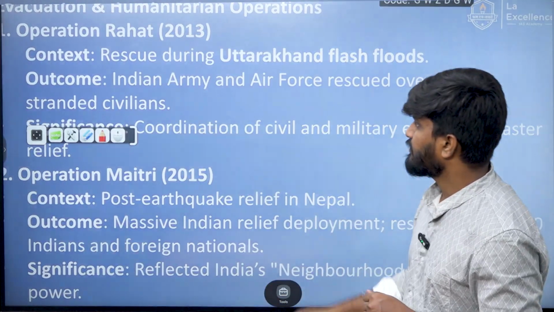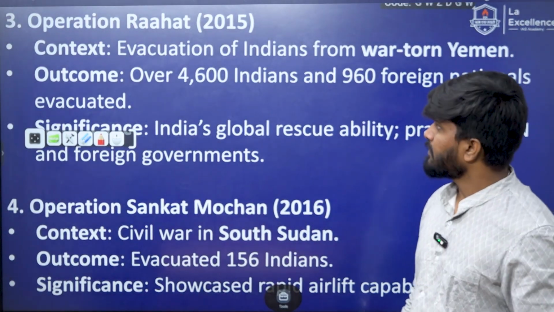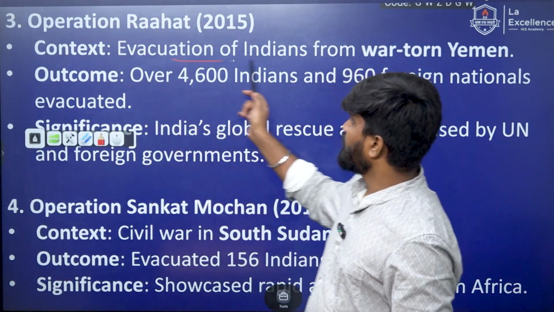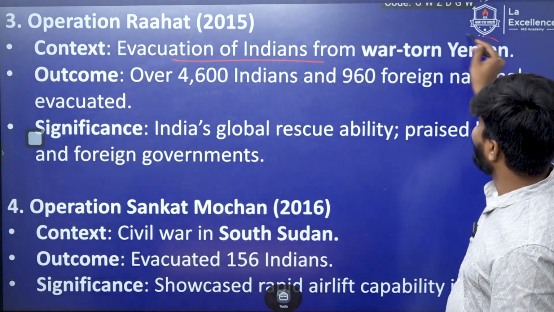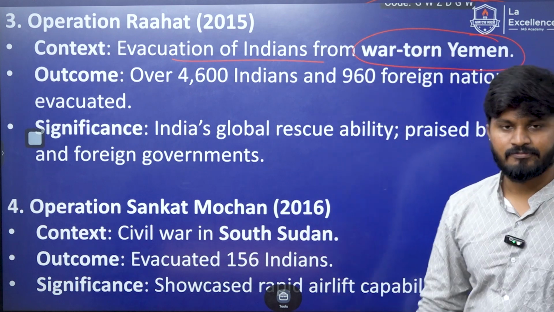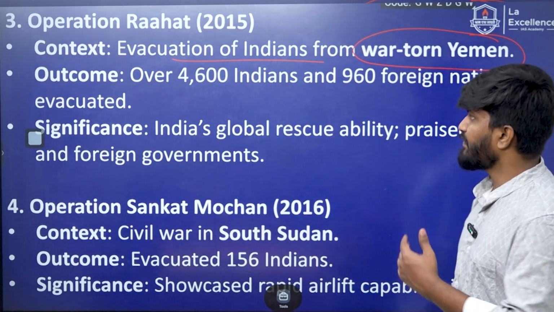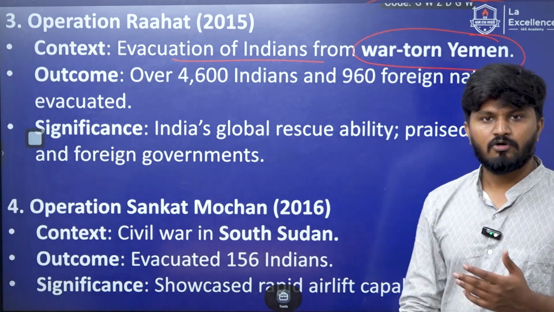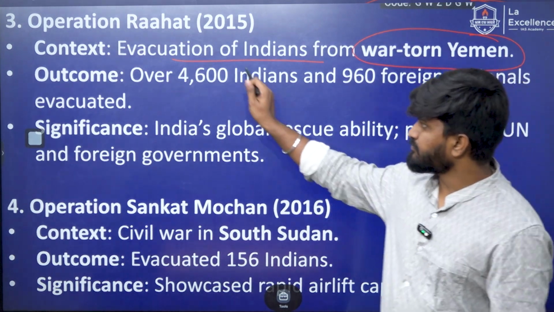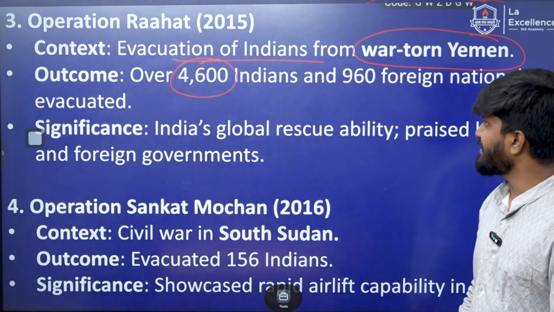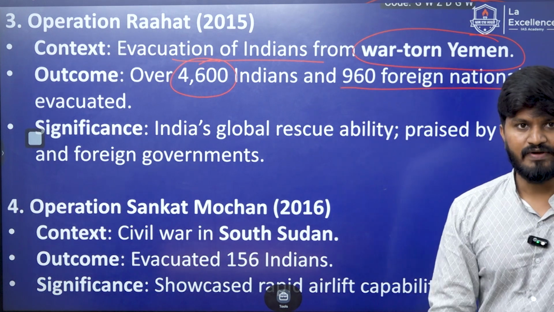Then next one is Operation Rahat. Operation Rahat was related to evacuation of Indians from the war-torn country Yemen. Okay, Yemen is going through a civil war crisis. So to evacuate Indians from this area, Operation Rahat was carried out by the government of India. Outcome was 4,600 Indians as well as 960 foreign nationals were evacuated.